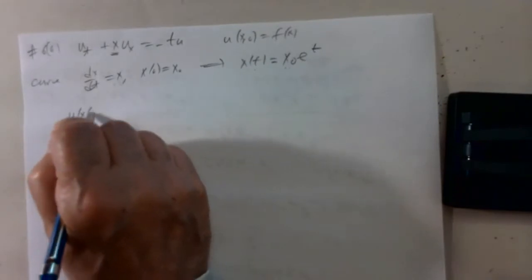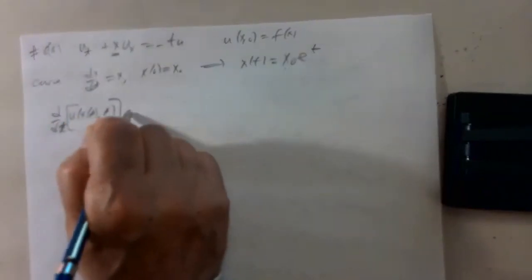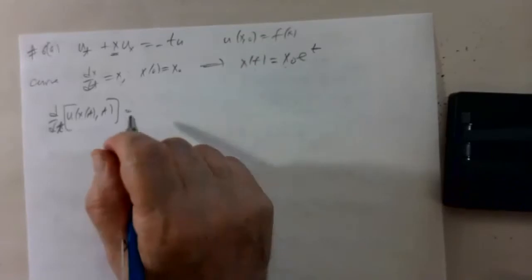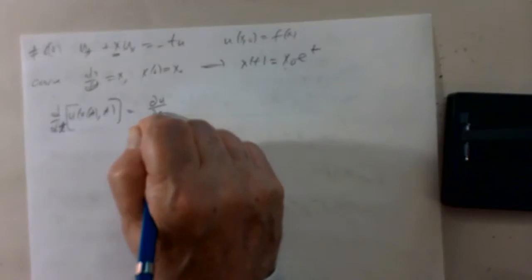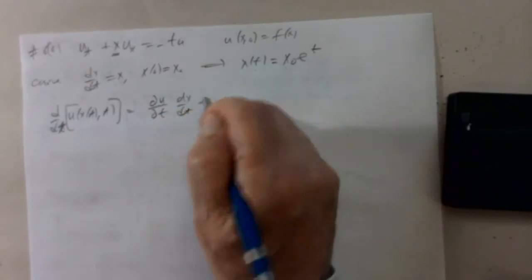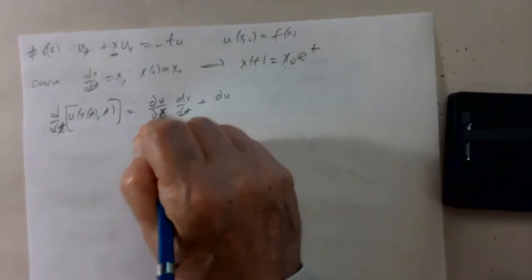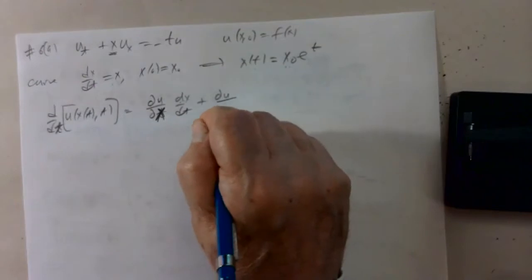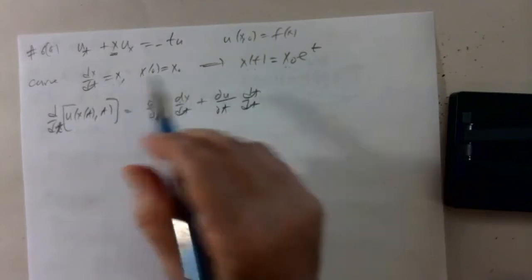If I take u of x of t, comma t, and differentiate it with respect to t, by the chain rule, this is the partial of u with respect to x times dx/dt, plus the partial of u with respect to t times dt/dt. Dx/dt is equal to x.